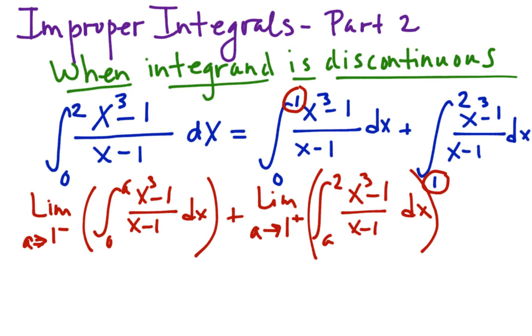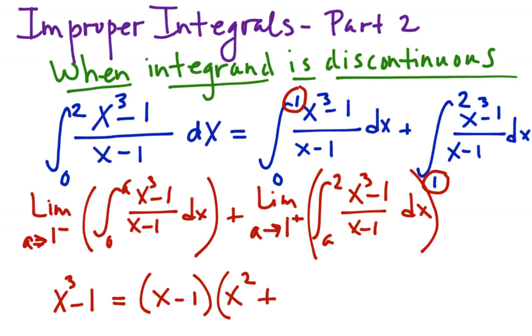So let's just recall here, x cubed minus 1 is really factored to be x minus 1 times the quantity x squared plus x plus 1. So I'm going to rewrite my numerator, factor and eliminate that x minus 1, and then go from there.